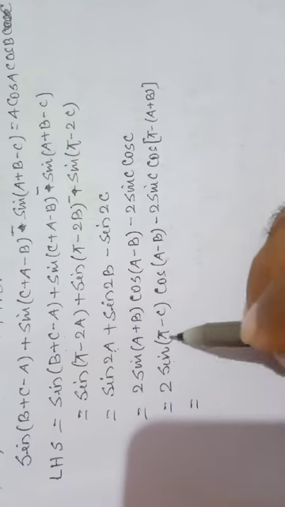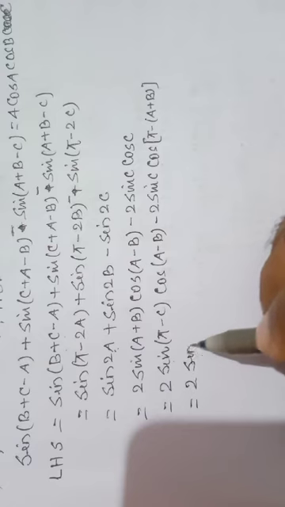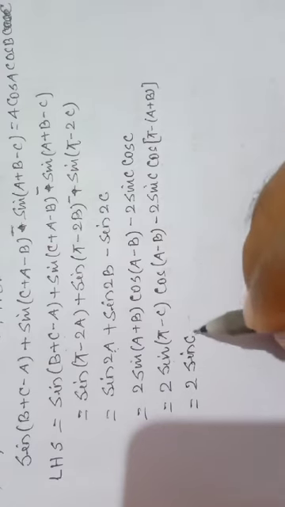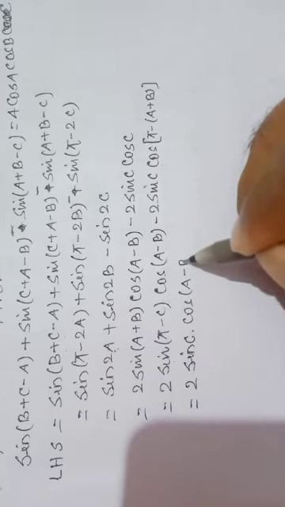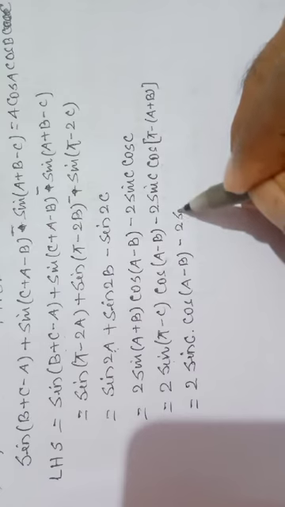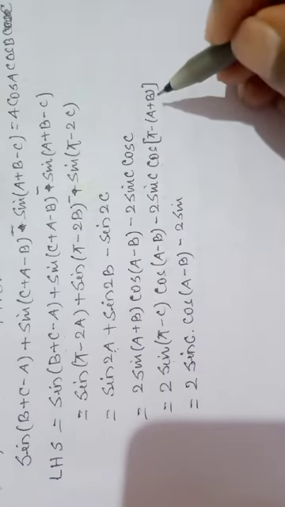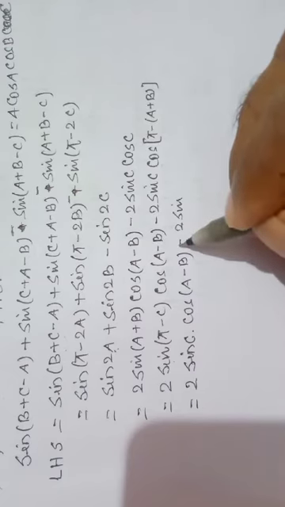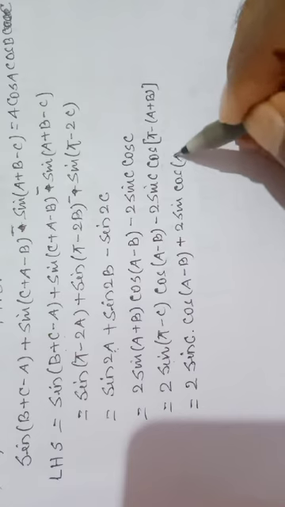Sin(pi minus C), that is sin C, 2 sin C into cos(A minus B) minus 2 sin C cos(pi minus C), that is minus cos theta. So this becomes positive cos(A plus B).